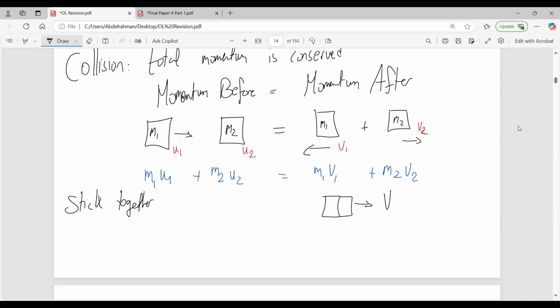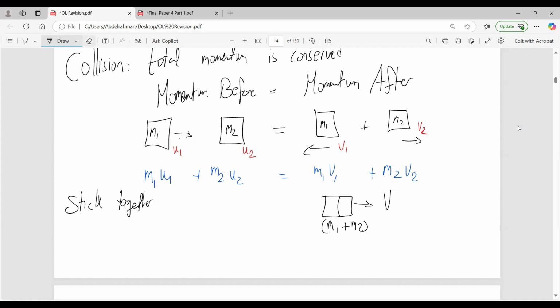So basically, I can consider them to be one object of one huge mass. This mass is equal to m1 plus m2, a bigger mass, and they both have the same velocity v.